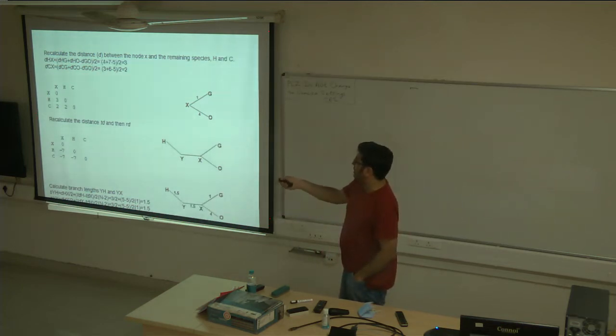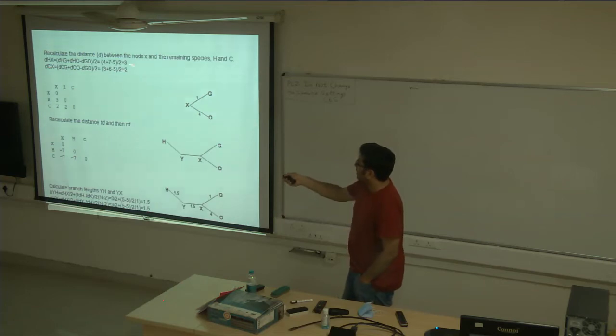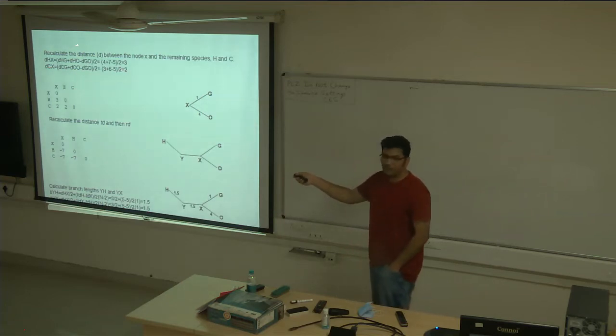You plug in those observed distances here and you'll get this. In the same way from chimpanzee to this node X, you use a similar formula, and you get the distance as 2.